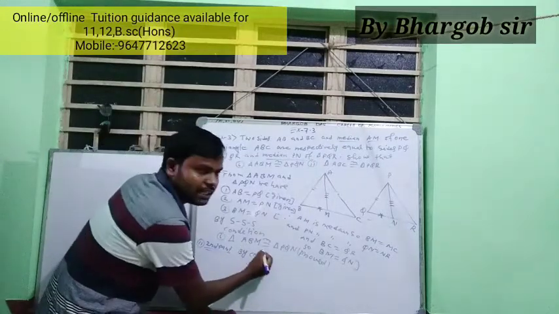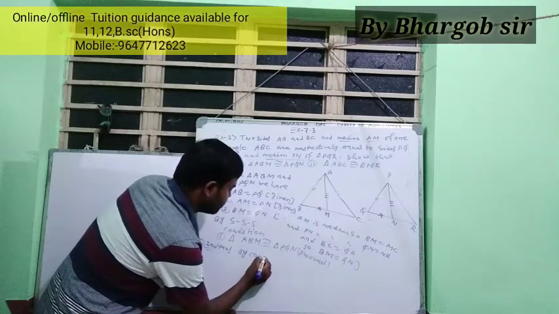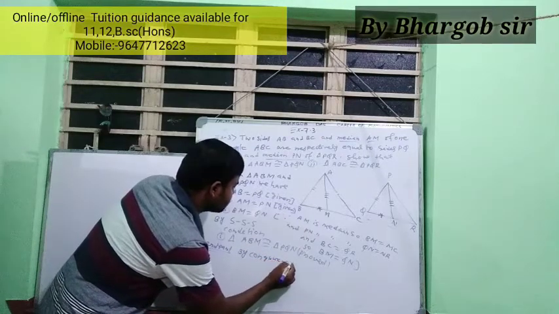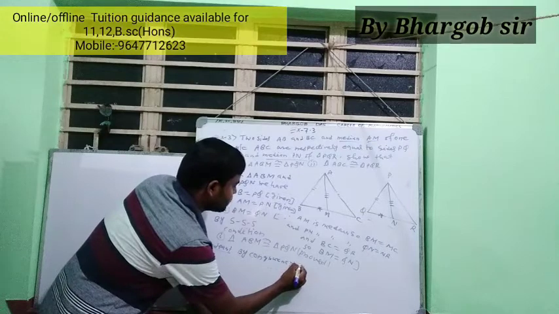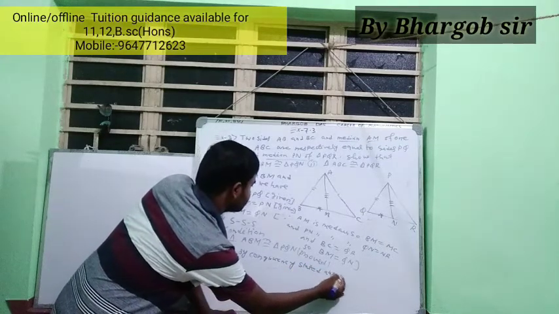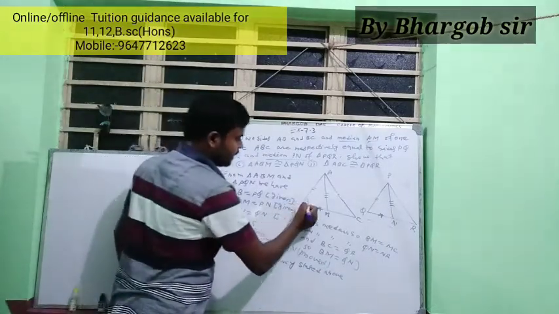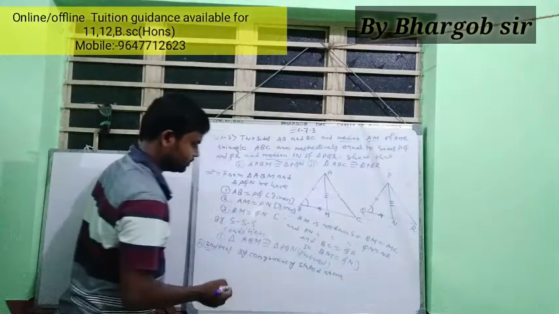By congruency of this triangle, we can say by the congruency stated above, stated above means this congruency, this angle and this angle are same.